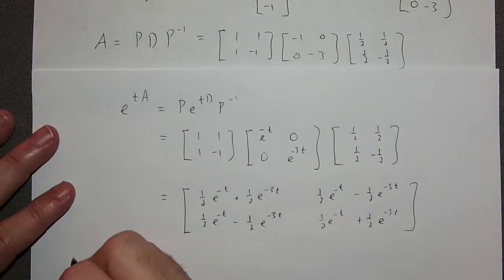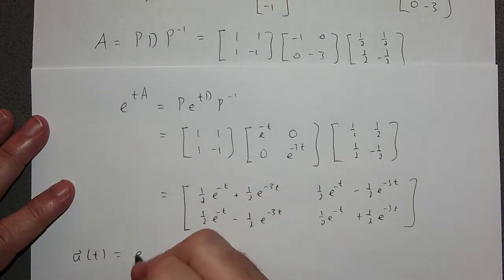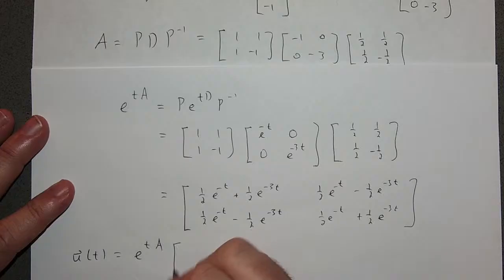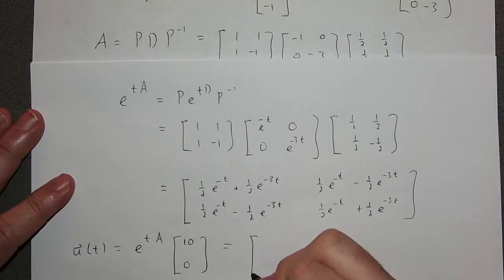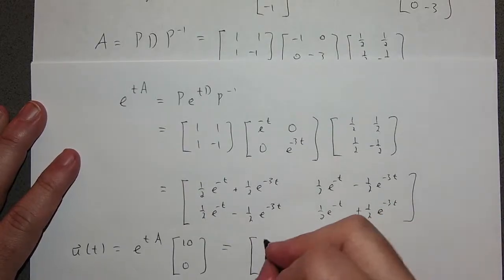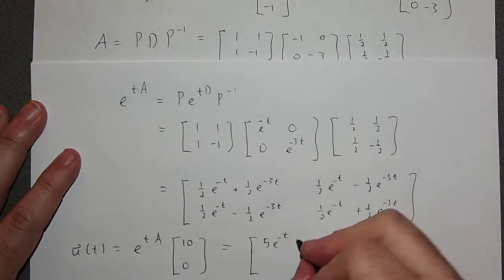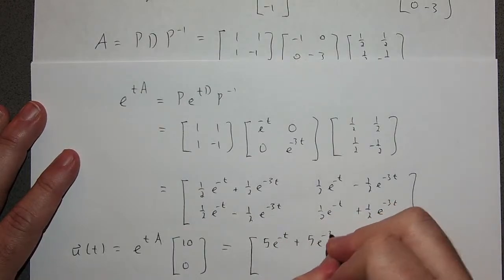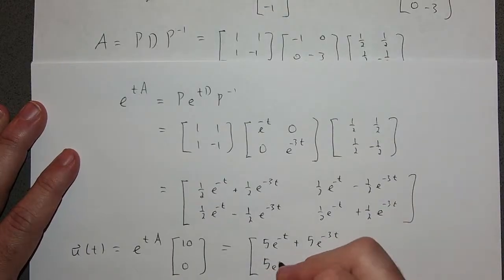So now my u of t supposedly is e to the tA times my initial vector 10, 0. Doing that multiplication out, what I get is the 2 by 1 vector 5 e to the minus t plus 5 e to the minus 3t and 5 e to the minus t minus 5 e to the minus 3t.